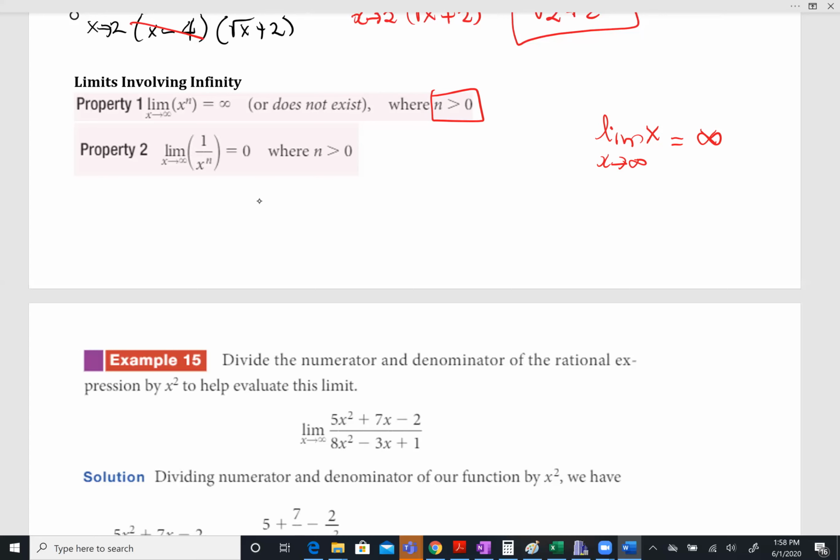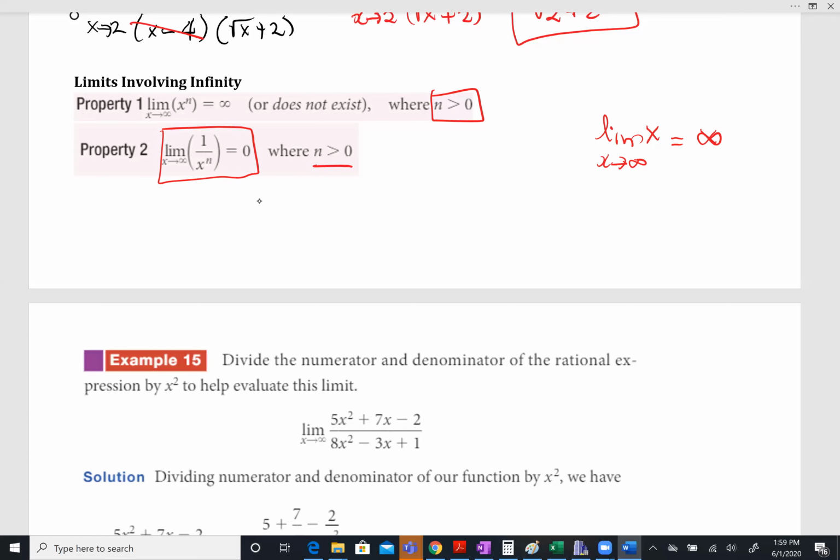Now for property number 2: the limit of 1 over x to the power n, when x goes to infinity, will be equal to 0. This is one of the properties that is really helpful for you to do limits involving infinity. And remember that n is still greater than 0.